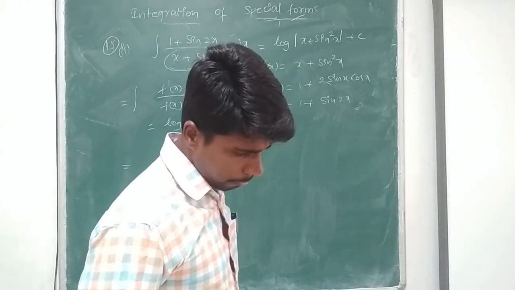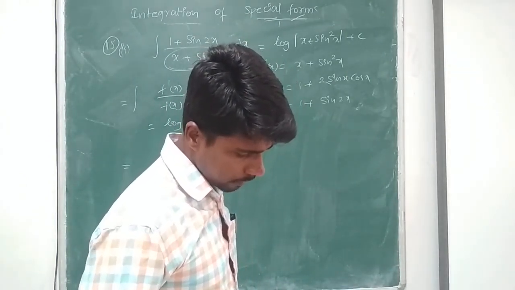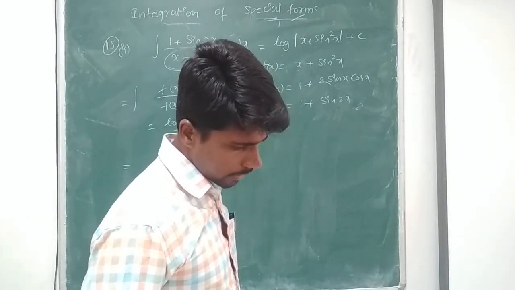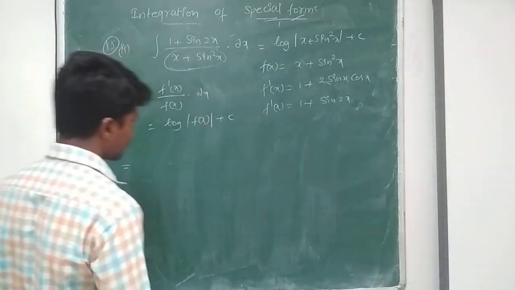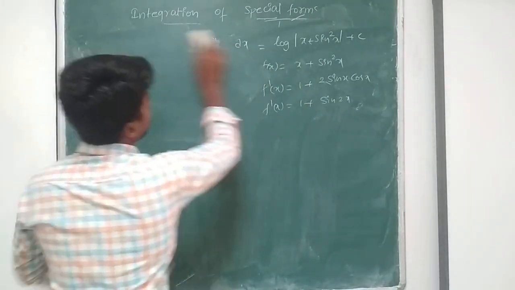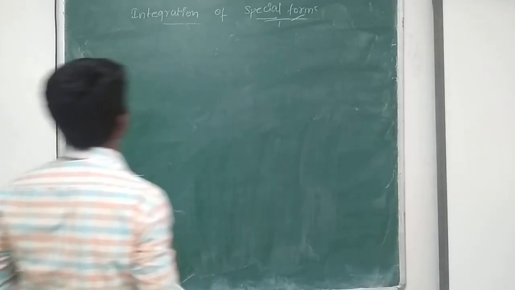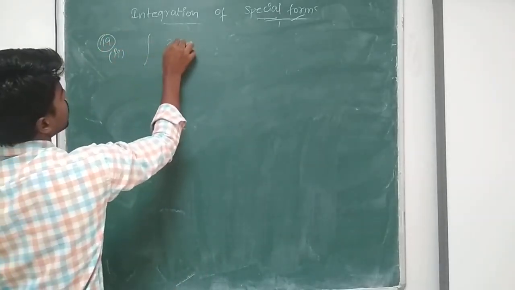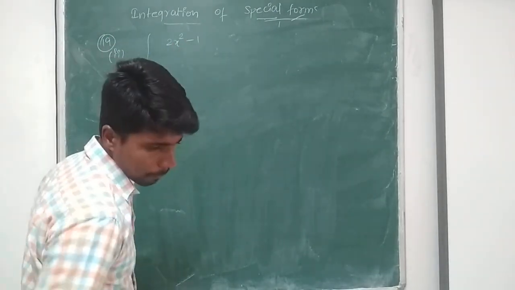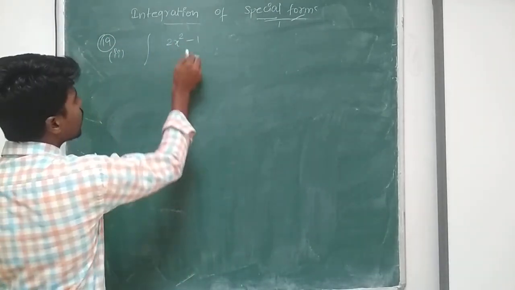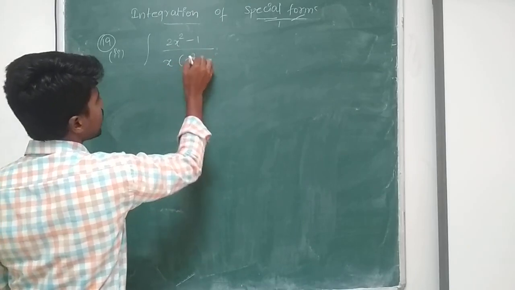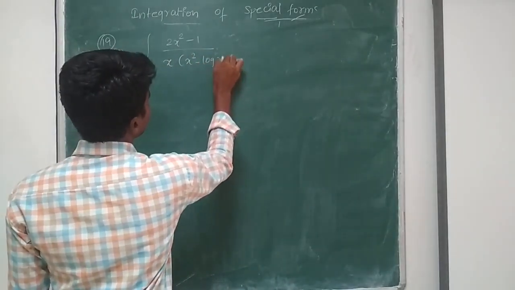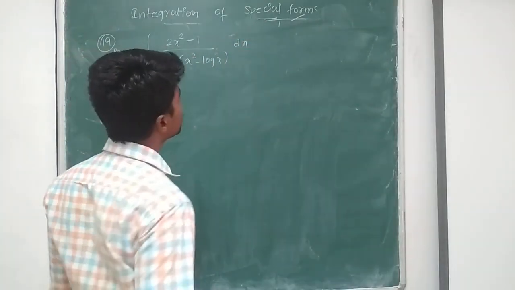take one more problem. Integral of (2x square minus 1 by x) into (x square minus log x) dx.